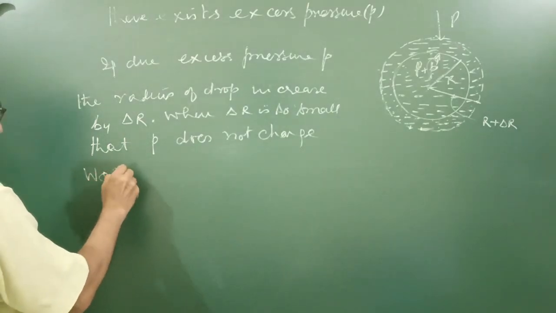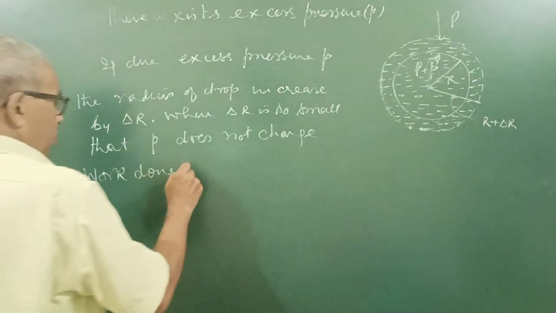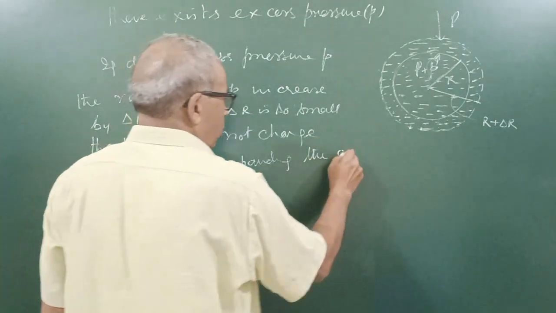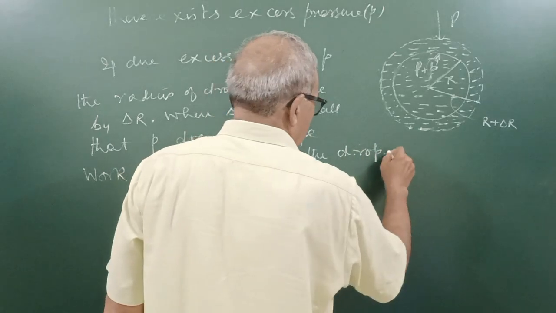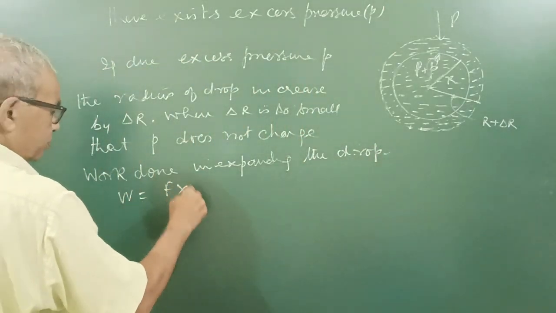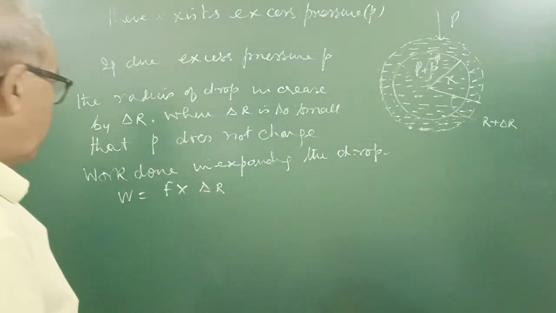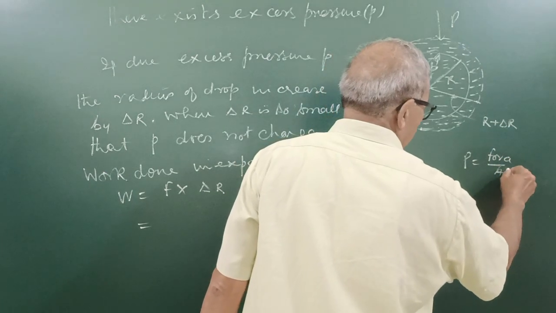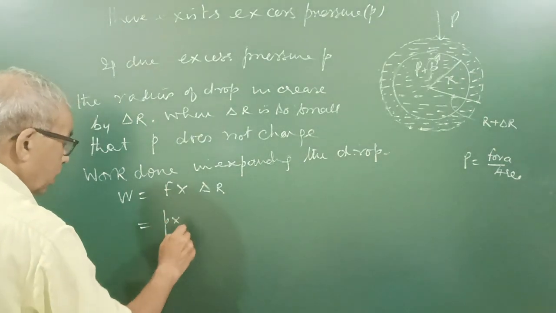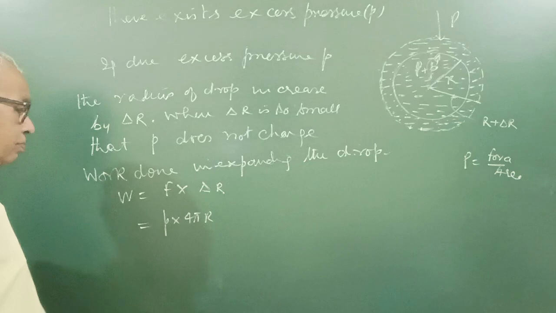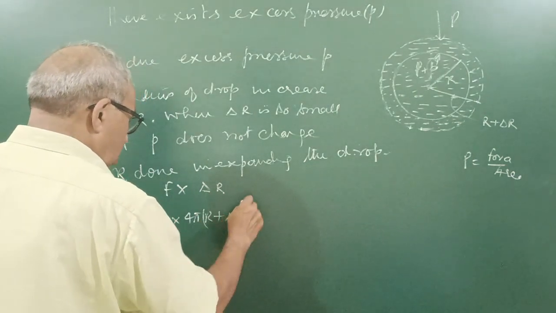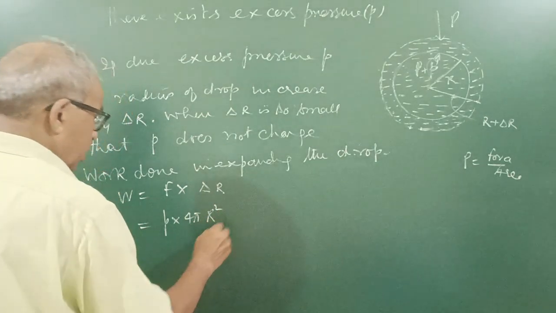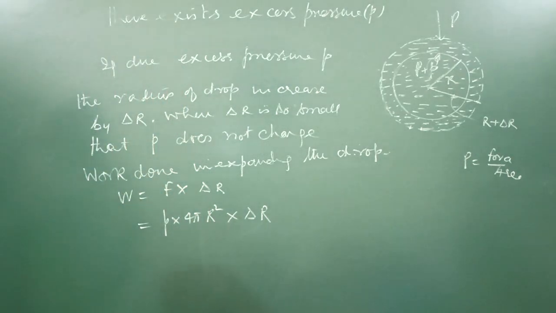So the work done in expanding the drop, W, is equal to force into distance delta R. But what is force? Pressure is equal to force upon area, so force is equal to pressure into area. So small p into 4 pi r square, sorry, into delta R. This is the work done.